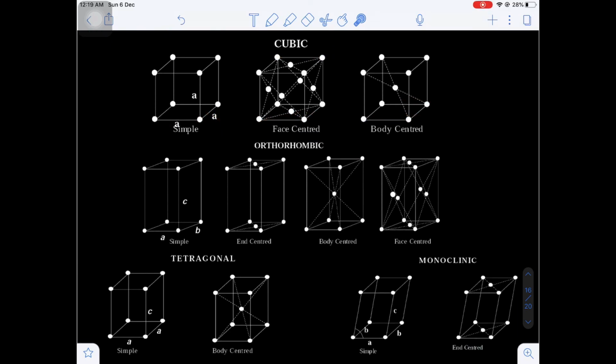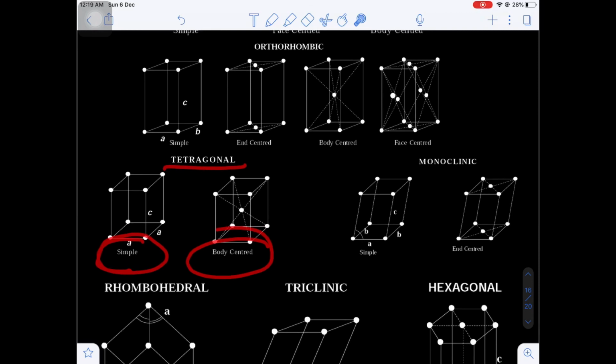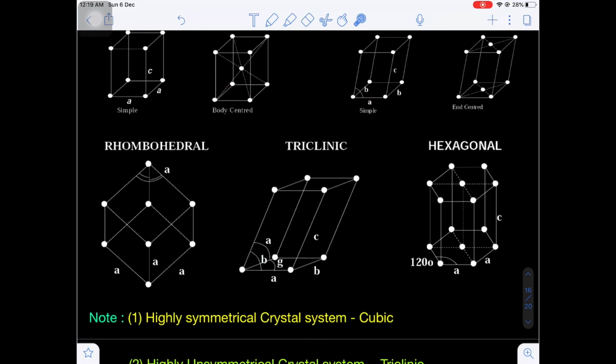The second, if you see in orthorhombic or rhombic crystal system, you have total 4: simple, end-centered, body-centered, and face-centered also. Are you getting my point? In tetragonal, we have 2 Bravais lattices, simple and body-centered. Whereas in monoclinic, there are again 2, simple and end-centered. Now here, this will be the rhombohedral, this will be the triclinic, this will be the hexagonal.